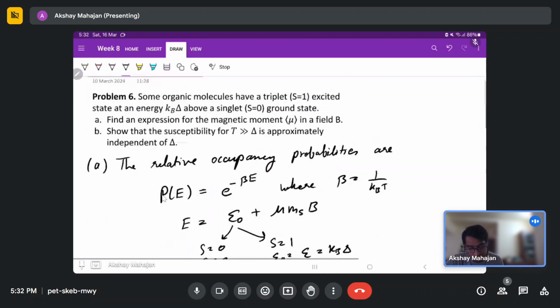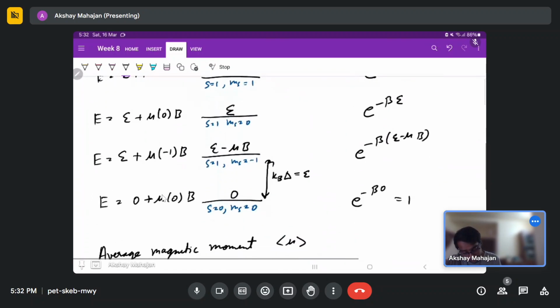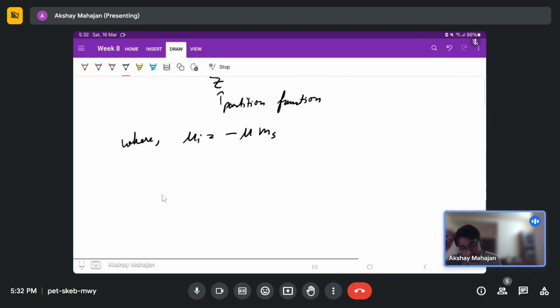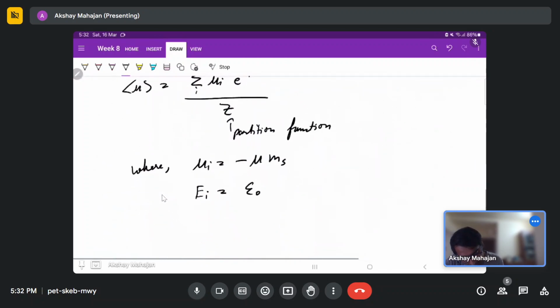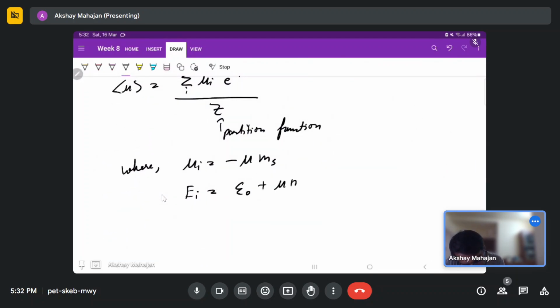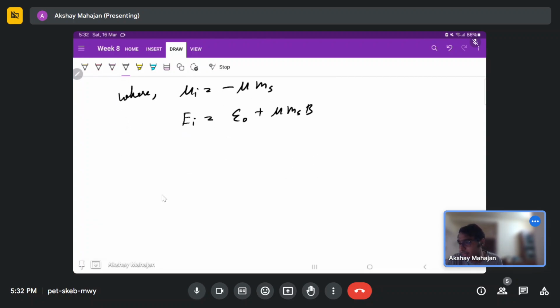Our magnetic moment is minus mu times m_s, and the energy E_i is basically epsilon naught plus mu times m_s times B. That we have already found.